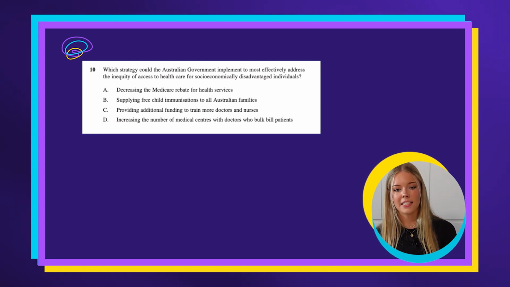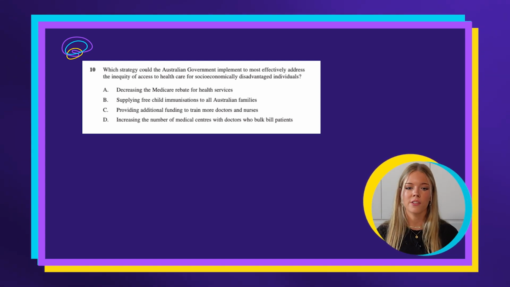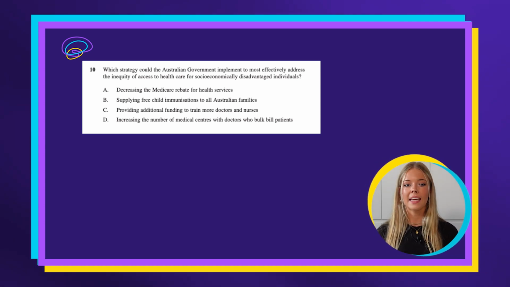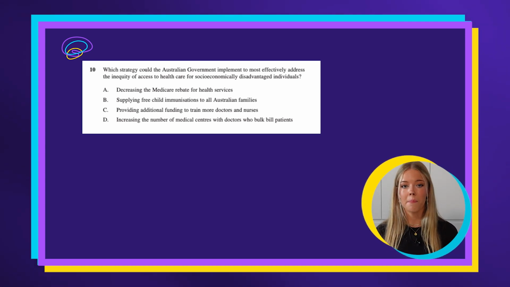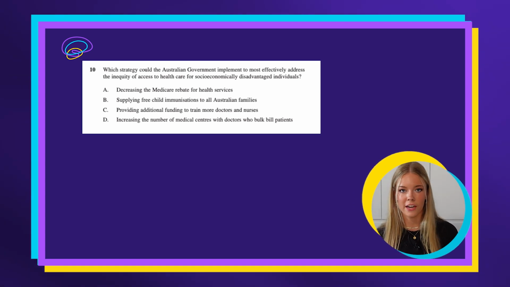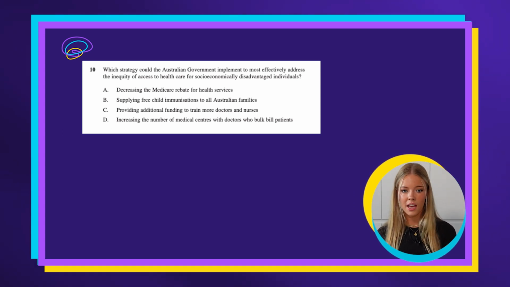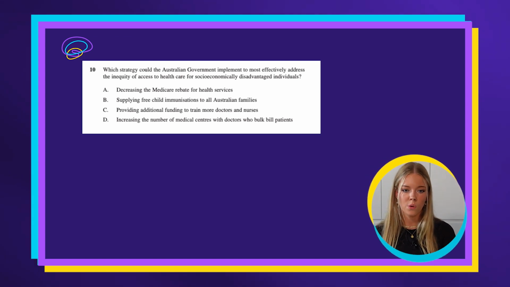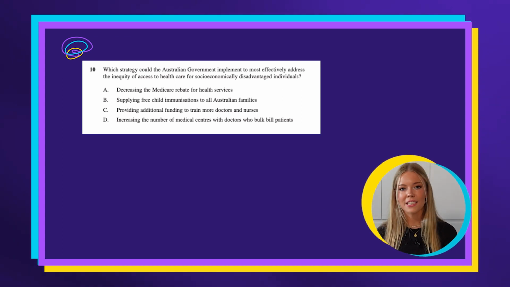Option A says decreasing the Medicare rebate for health services. This is one of the most obvious options to rule out because decreasing the Medicare rebate would make it less accessible for socioeconomically disadvantaged individuals. Option B is supplying free child immunisations to all Australian families, which is a great method, however, it's already implemented, so I ruled that one out.